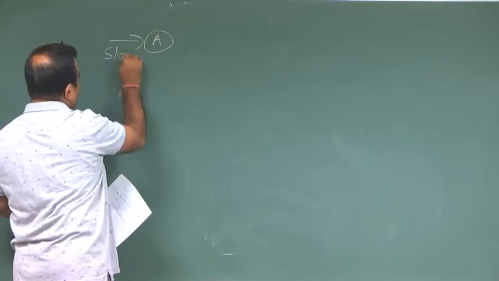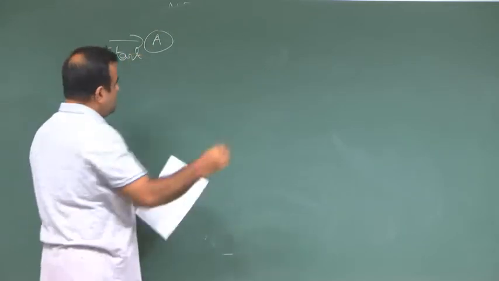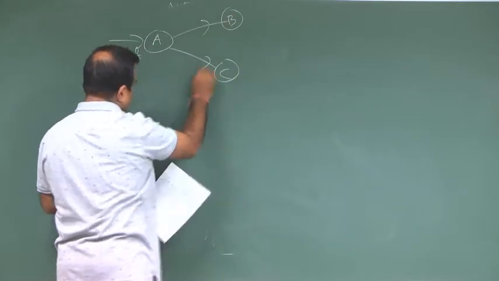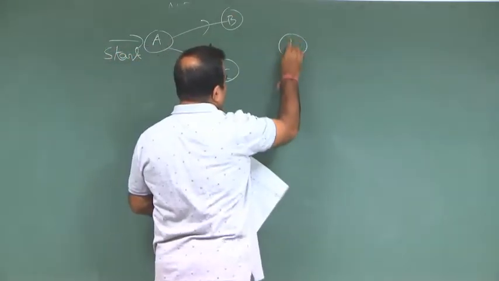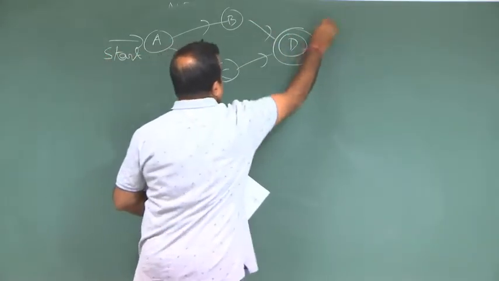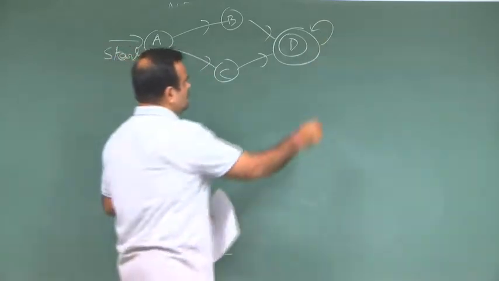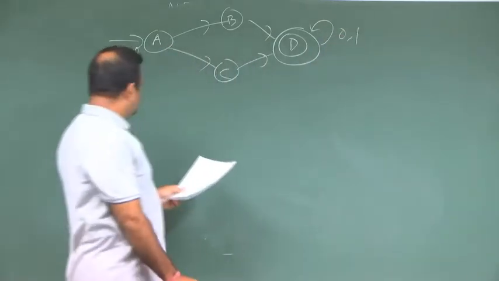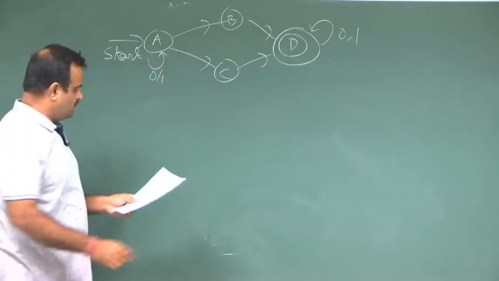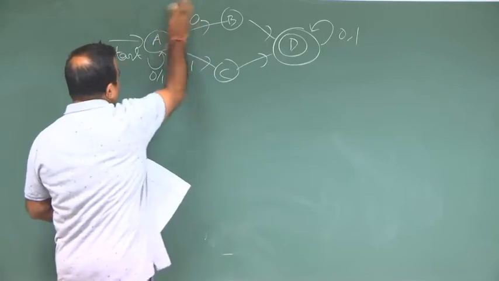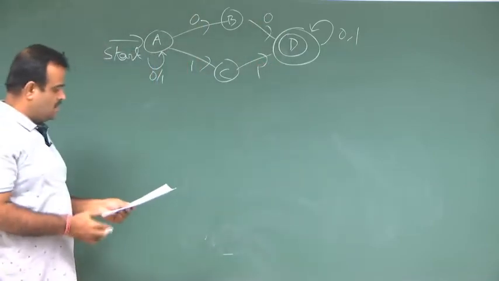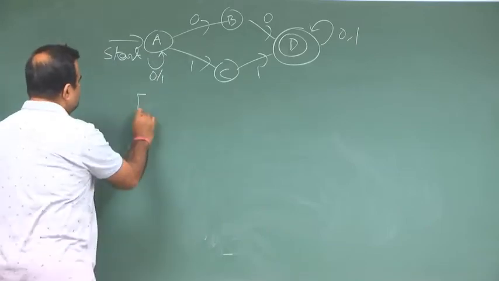This is the starting state or the initial state, and these are the states, and we have a final state which is D. And this is 0 1. So, this is NFA. So, we can have non-deterministic moves on 0 and 1. Okay.